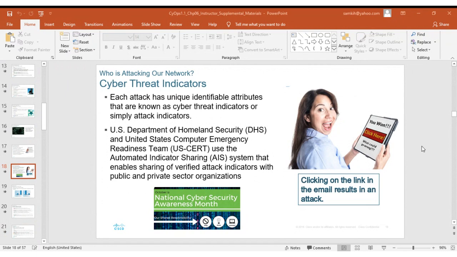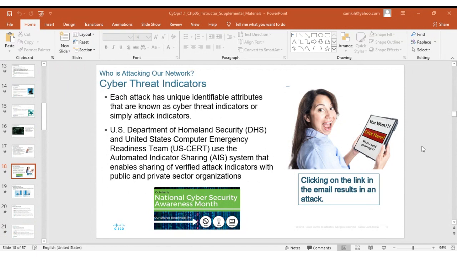You can identify each and every threat depending on what it's doing to your network, which kind of vulnerability it is causing, or which kind of attack it's causing to your network.